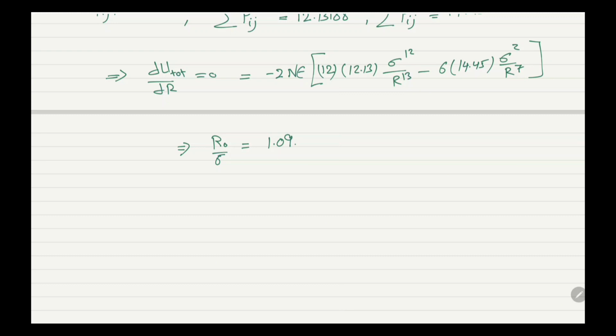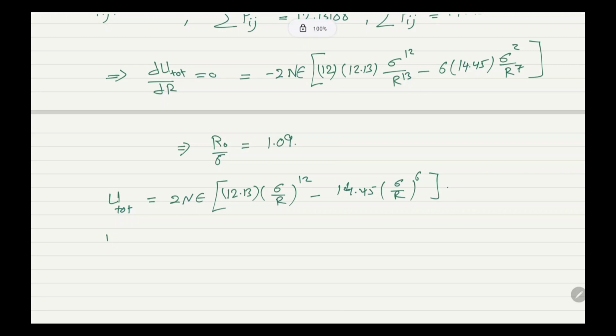Now to calculate the cohesive energy of inert gas crystals at absolute zero, let's use U total, in this case equal to 2n epsilon times [12.13 (sigma over R) to the power 12 minus 14.45 times (sigma over R) to the power 6].